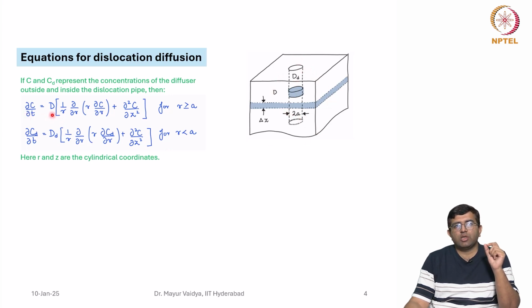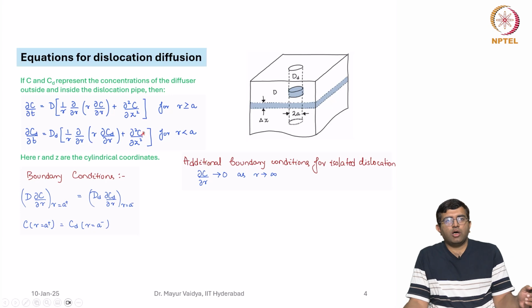So ∂C/∂t = D [ (1/r) ∂/∂r (r ∂C/∂r) + ∂²C/∂z² ] for r ≥ a, which is the concentration within the lattice, and ∂Cd/∂t = Dd [ (1/r) ∂/∂r (r ∂Cd/∂r) + ∂²Cd/∂z² ] for r < a. Here r and z are the cylindrical coordinates.